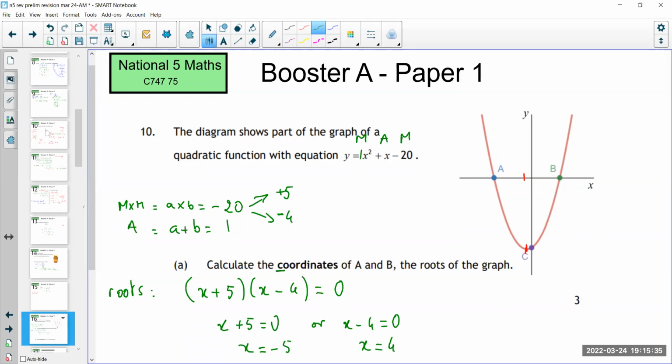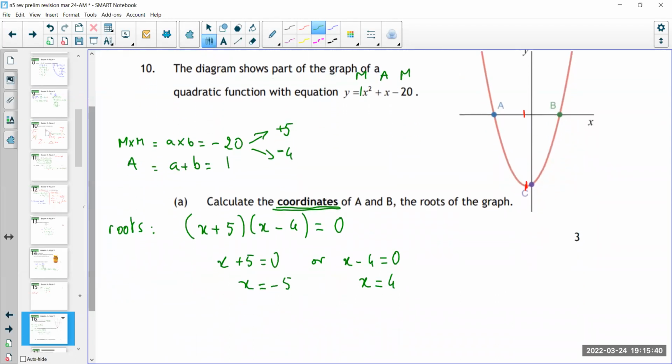So look at the question. Calculate the coordinates. So you need to give them in x and y. Now A is the point on the negative side. A is at negative 5, 0. And B is at 4, 0.